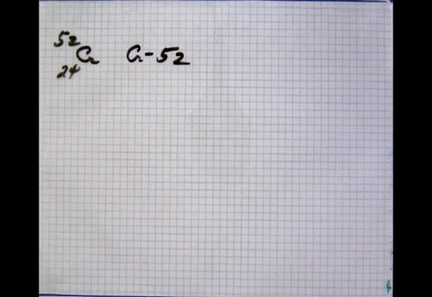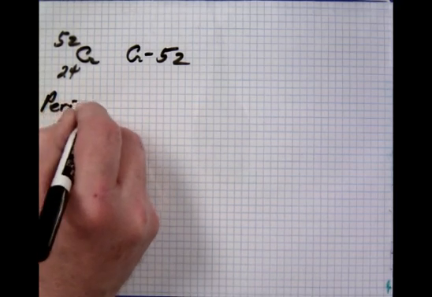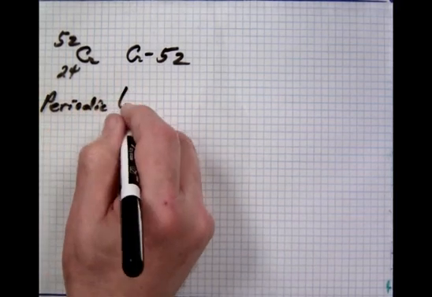Another way to write this, just as a matter of interest, is chrome-52. You don't put the atomic number in, because the elements in the periodic table are characterized by the proton number. So that gives us, let me put that in, periodic law. You need that.